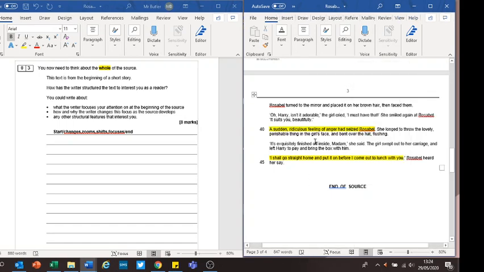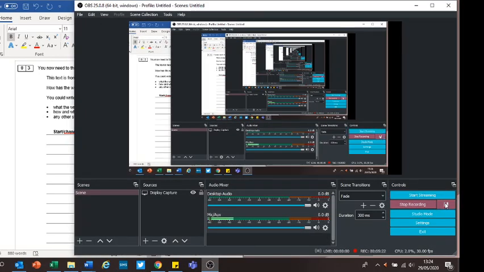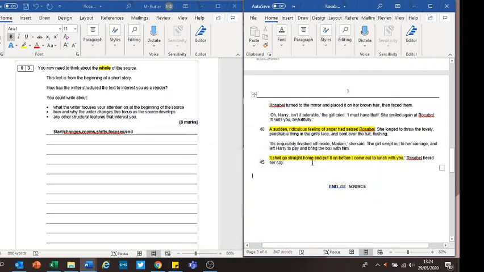So that's quite a sharp shift, right? So all you need to do is talk about those three things and explain the effect.